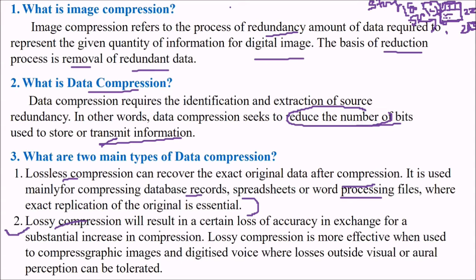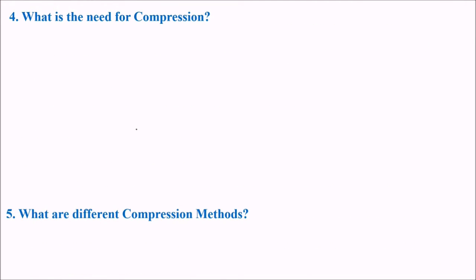While lossy compression will result in a certain loss of accuracy in exchange for a substantial increase in the amount of compression. So lossy compression is more effective when used to compress graphic images and digitized voice, where losses outside visual or oral perception can be tolerated. So if visually or orally we are not able to perceive changes, then we can have lossy compression, and it doesn't degrade the quality also.